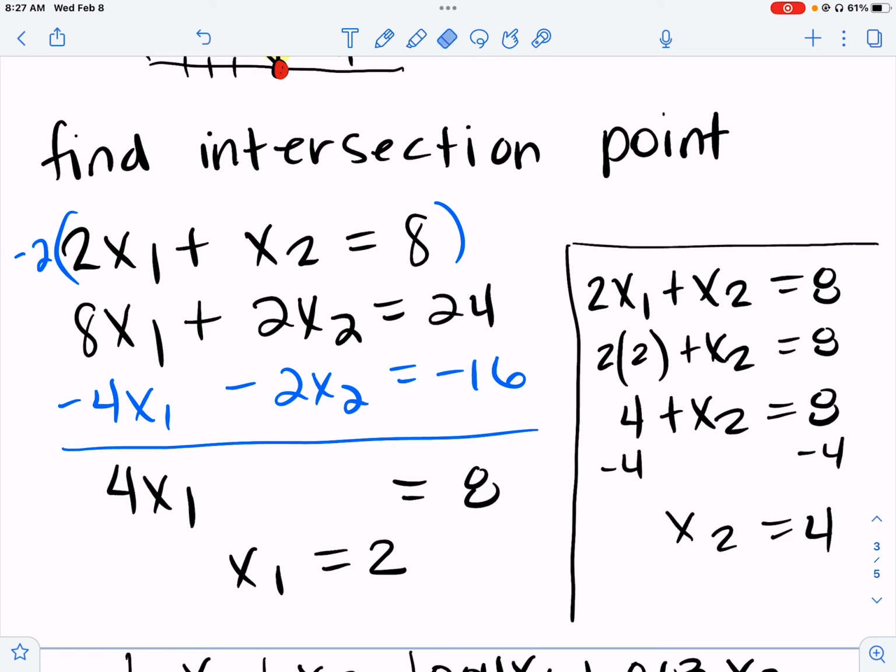Sorry, didn't mean to be on highlighter. We add. What happens when you add? Those cancel. So we get 4x1 equals 8. Divide, x1 equals 2. Now go over to the right. I took the first equation and plugged in 2 for x1. 2 times 2 is 4. Subtract 4 on both sides, we get x2 equals 4.